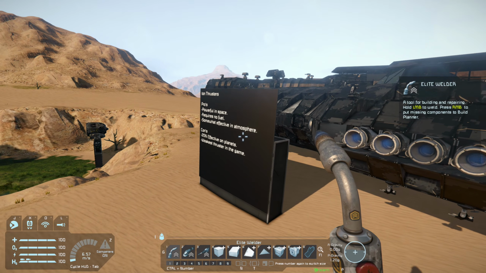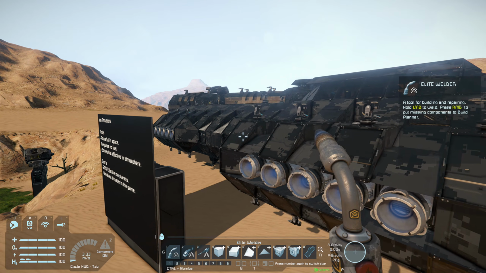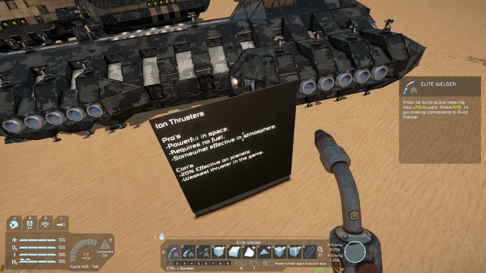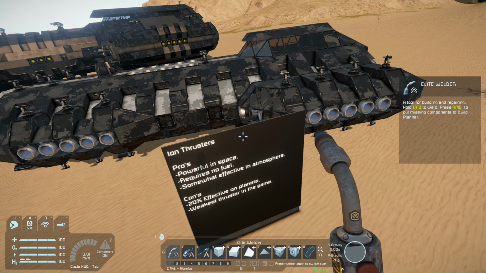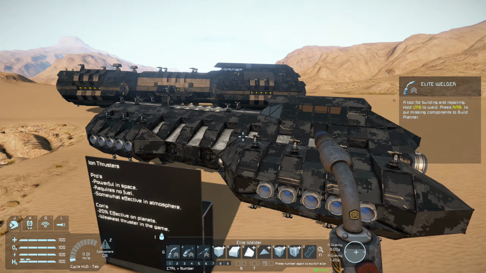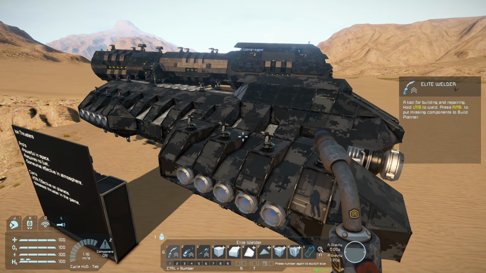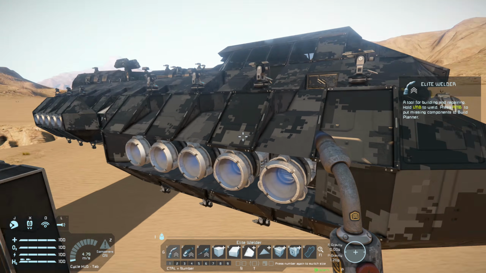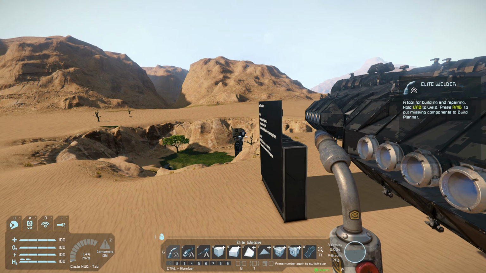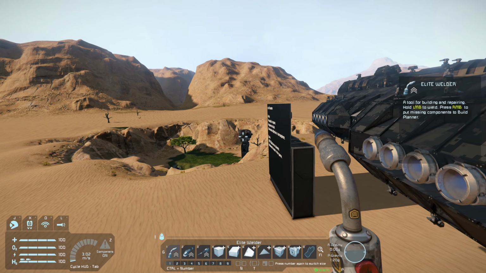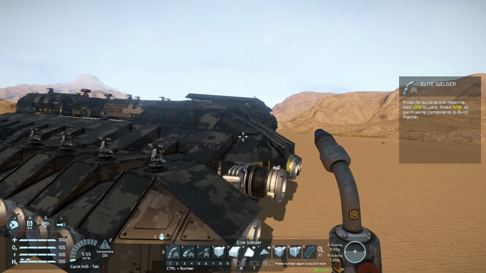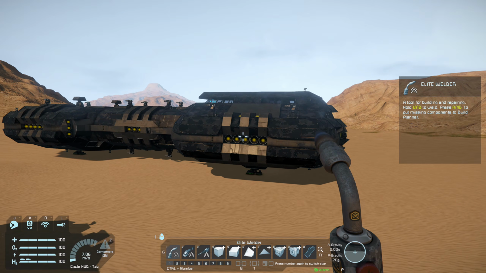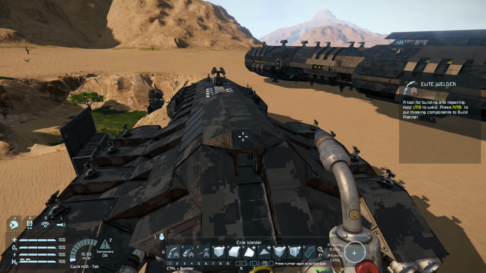And obviously the other downside to these thrusters is that they're only 20% effective, so that's kind of a con and a pro. And then the other one is obviously these are the weakest thrusters in the game. So these thrusters for their size are a lot weaker than the atmospheric thrusters, and even more so when you compare them against the hydrogen thrusters.